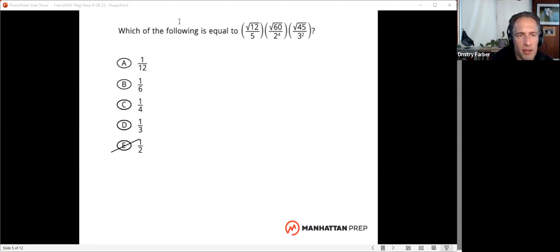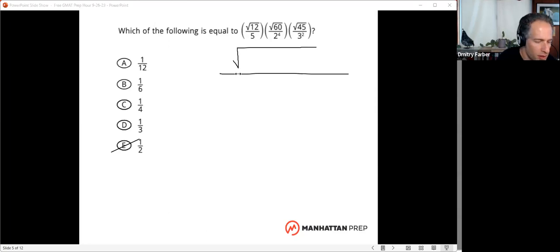What does 12 break down to? I'm going to do it like this. I'm going to draw a big root up here. So on the bottom, I'm going to have 5, 2, 2, 2, 2, 3, and 3. What's in 12? 12 is 3, 2, and 2.